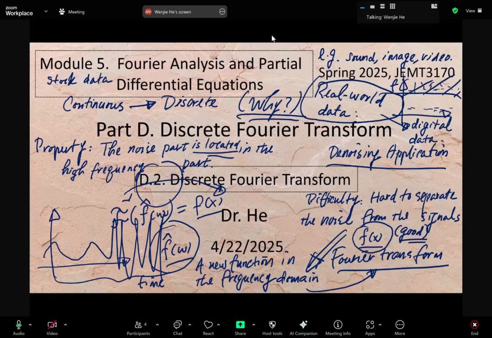So the form of the data is a sequence of numbers.